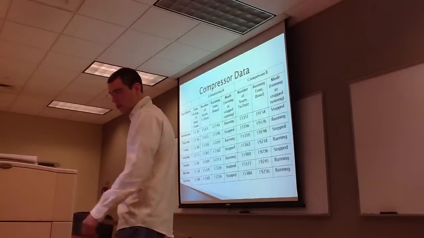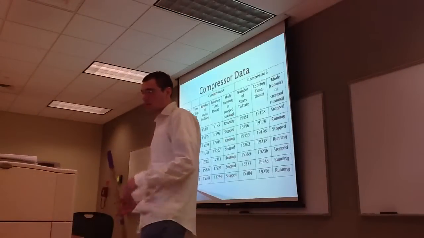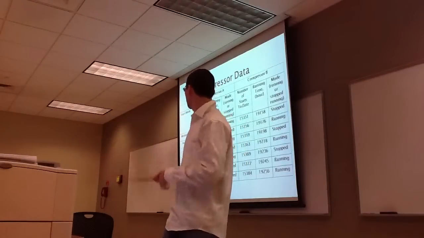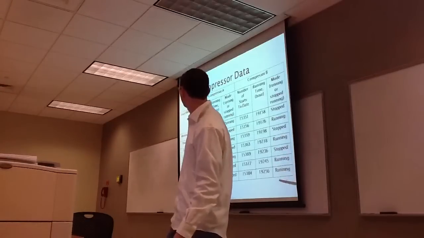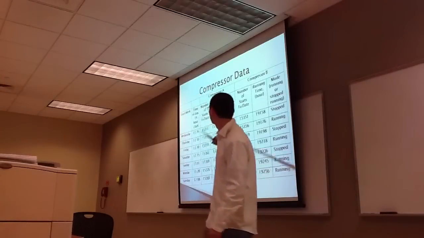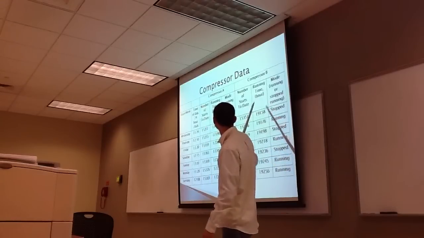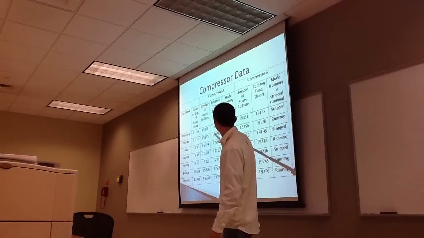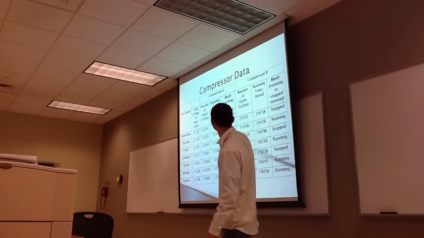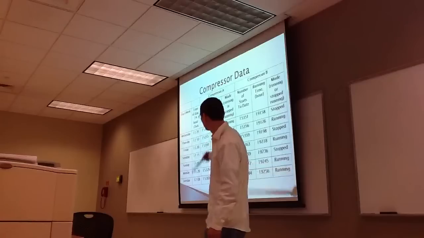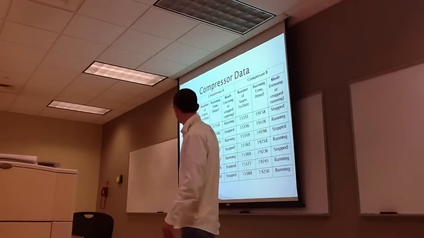So looking at the compressors, there's some data here. Some of the interesting things out of this is that one's always running or the other's not, for one reason or another. You have the running times, and these are all pretty much taken around the same time.